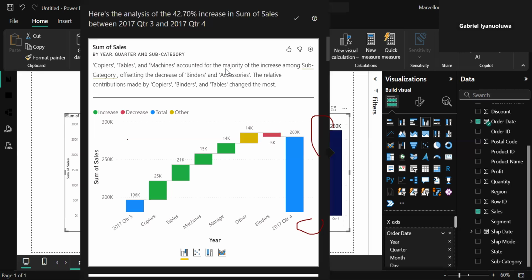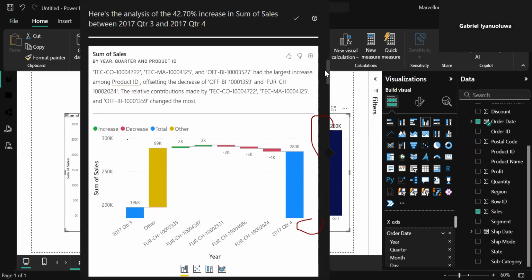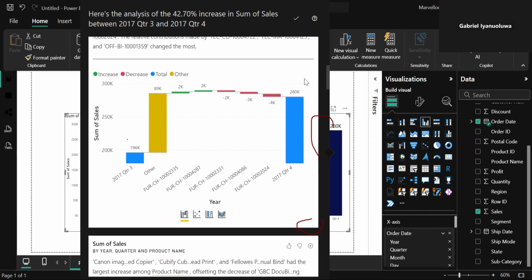So the increase happened because of factors based on copiers, tables, and machines. That is why we are having more increase touching this. Now, product ID, we can see the product IDs that have the largest increase as well. And we could see them in visuals around this, which are very helpful for us to work with.